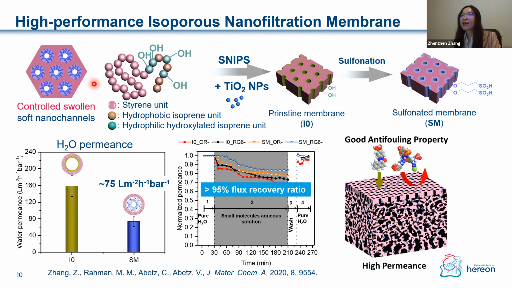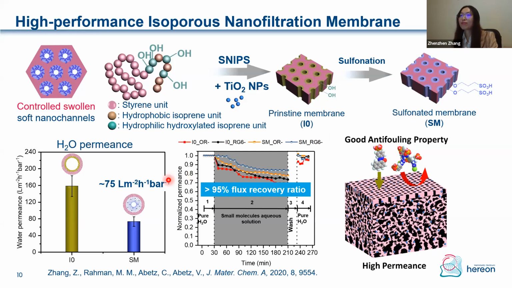For this, we present the approach to bottom-up design the pore-forming block with randomly distributed hydrophobic units and hydrophilic units. Afterwards, we produced the isoporous membrane by SNIPS with the assistance of titanium dioxide nanoparticles. And furthermore, we post-modified the nanochannels by sulfonation and introduced the polyelectrolytes within the nanochannels.